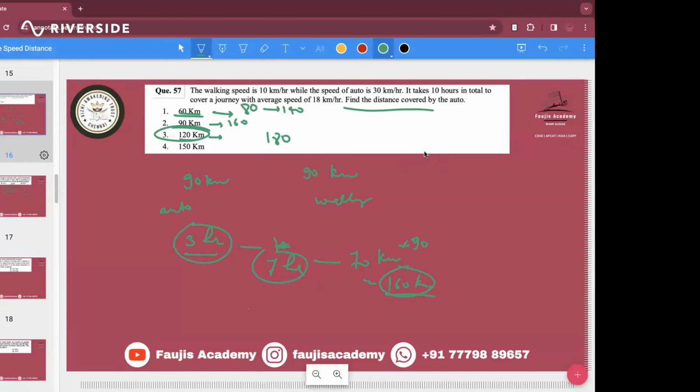Yeah, 120. So if it is like 120 kilometers traveled by auto, that means he gave 4 hours there to auto. Now he has 6 hours of time remaining with him. In that he will travel 60 kilometers. 60 plus 120, you have your answer as 180.